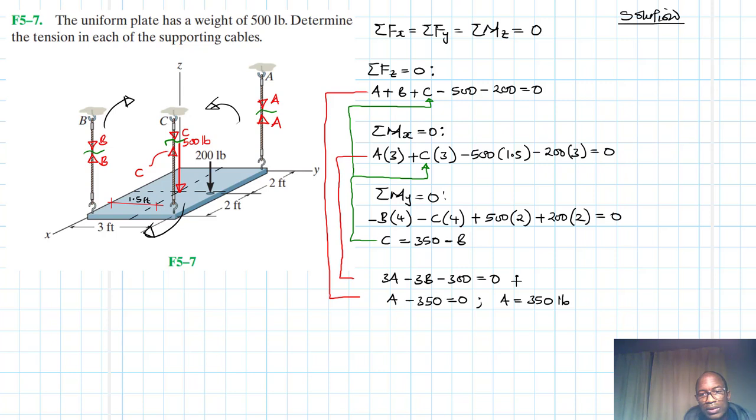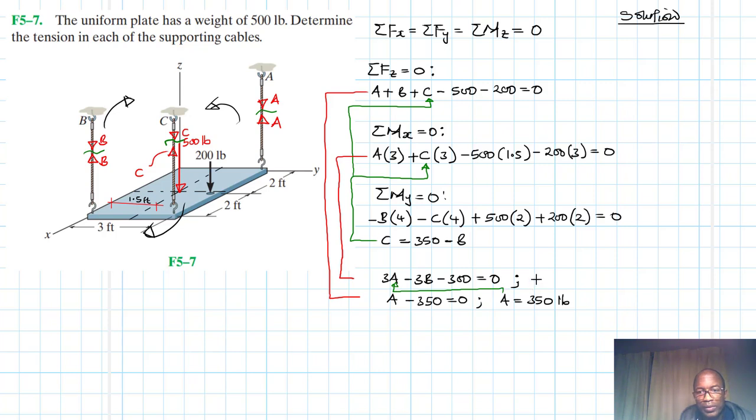Let's find now what B is. Let's plug in this A there. Once we do so, we'll have 3 times 350 minus 300. What does this give us? We have this, and then divided by 3.